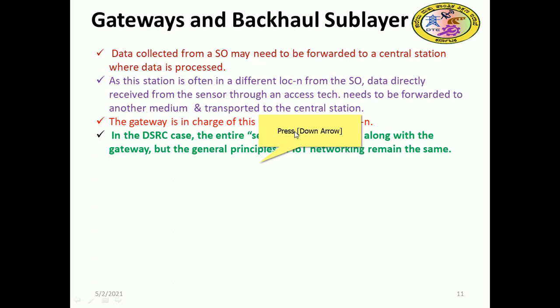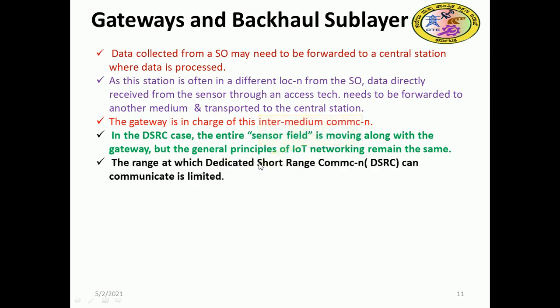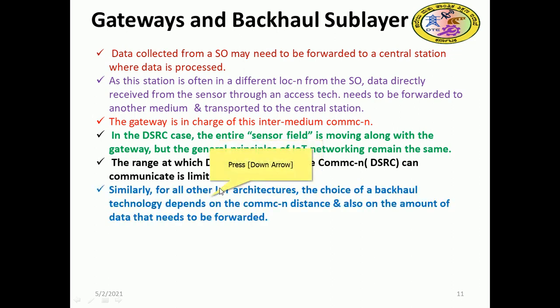In the DSRC case, that is, dedicated short range communication, the entire sensor field moves along with the gateway, but the general principles of the IoT network still remain. The range at which DSRC can communicate is limited because it is short range.